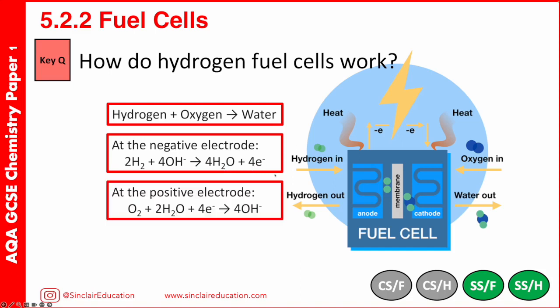At the positive electrode, we've got oxygen plus water and these 4 electrons making 4 hydroxide ions. My advice is have these on flashcards and learn them, because what they're going to ask you to do in your exam is to write the equation for what's happening at each of these electrodes, so have them prepared.